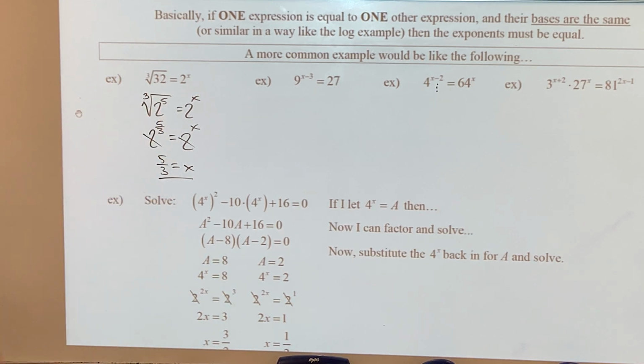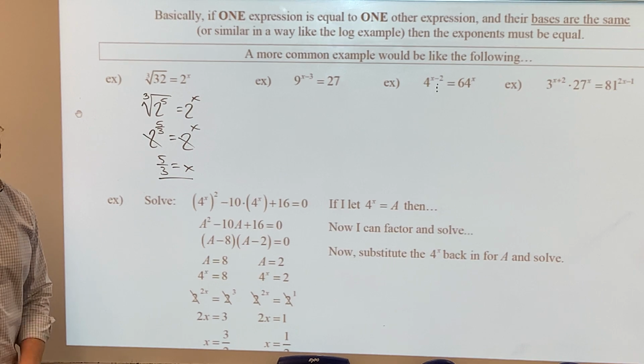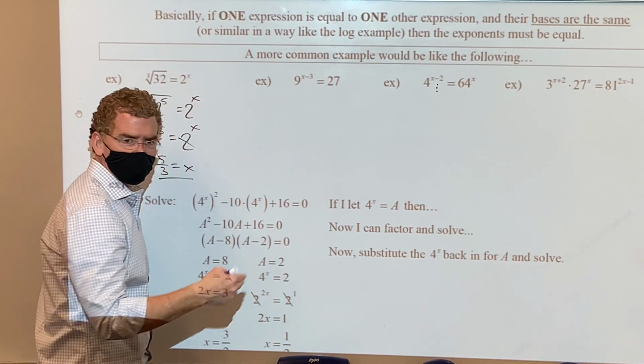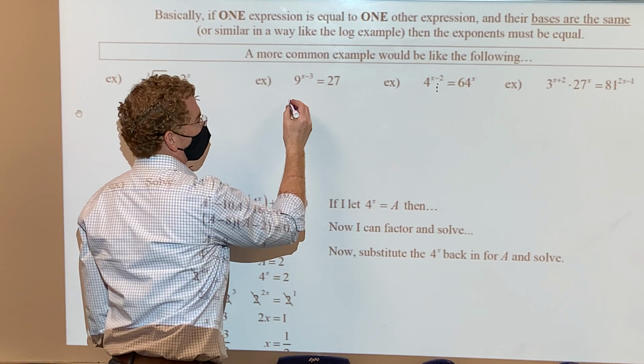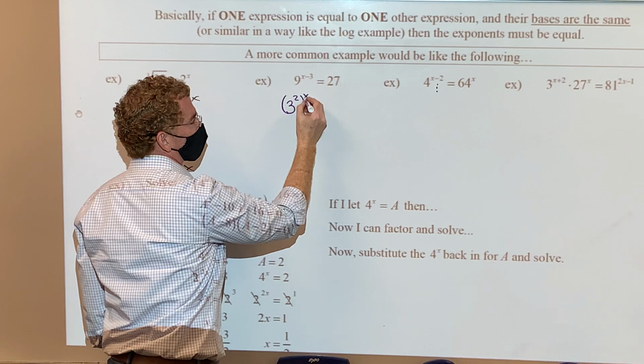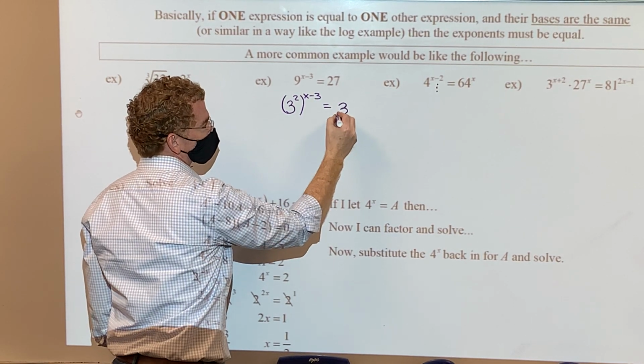What about up there on the second example? Can I do that again? Now, they're not the same now, but could I rewrite these 2 numbers as the same base? Yeah. 9 would be what? 3 squared. Now, it's the whole 3 squared that's being raised to the x minus 3. And then 27? 3 to the cube.